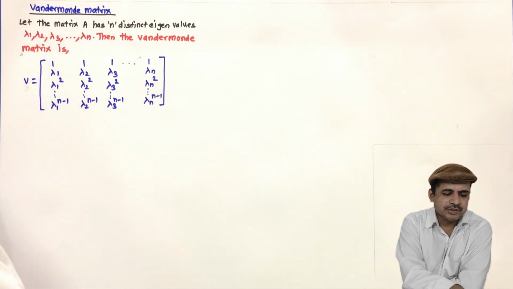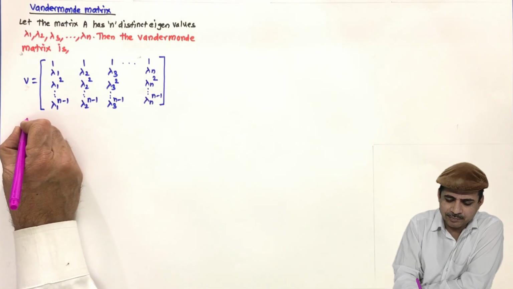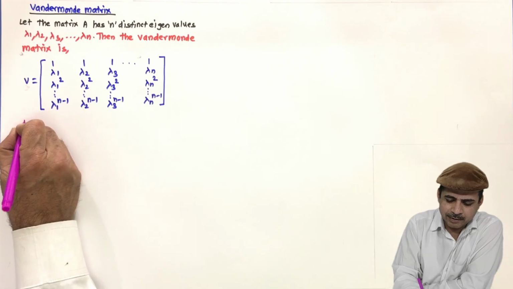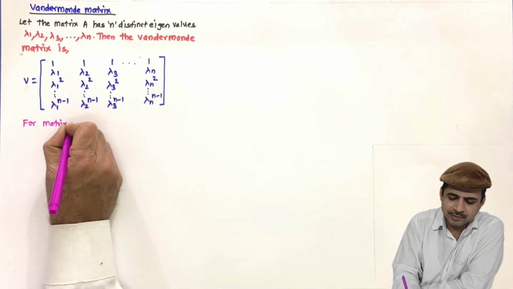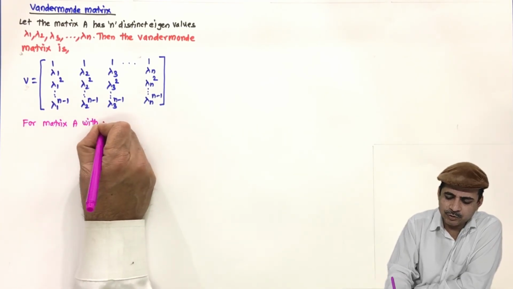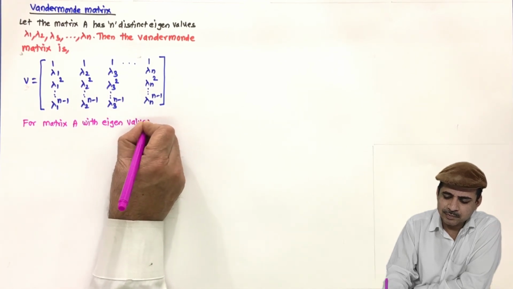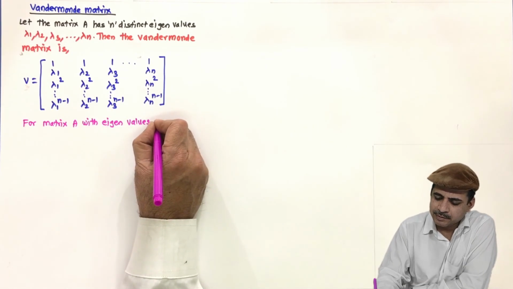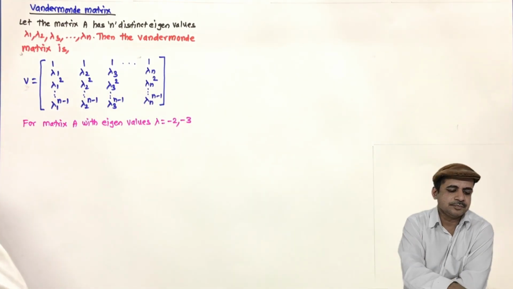So let us do it with some examples. Let we have a matrix A with, say, eigenvalues, say lambda equal to -2, -3.